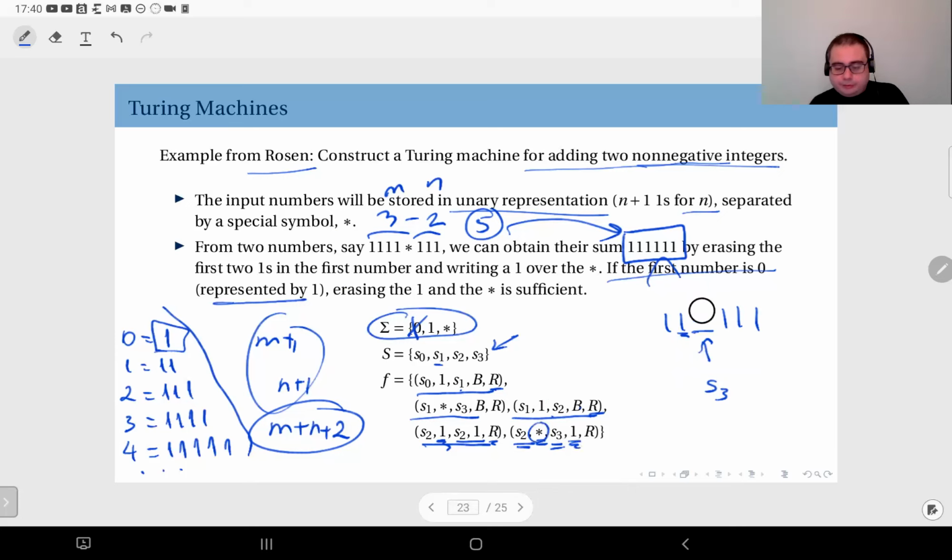So instead of this, I'm going to write a 1 here, and make a transition into S3. Since I have no quintuple defining the action from state S3 to any other state, the machine halts. And what I have here is, as expected, the representation for number 5.